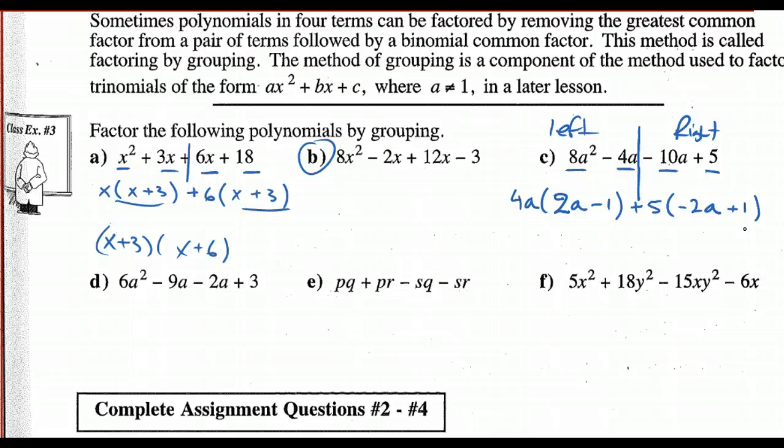So I have a bit of a problem here. My problem is that these aren't quite the same. Those two aren't quite the same, but they're very similar. So when they're very similar, I can take out a negative 1. But instead of taking out a negative 1, maybe I should have just taken out a negative 5 instead of a positive 5, and that would have made these two binomials the same. So let me back up a little bit and see what happens when I take out a negative 5.